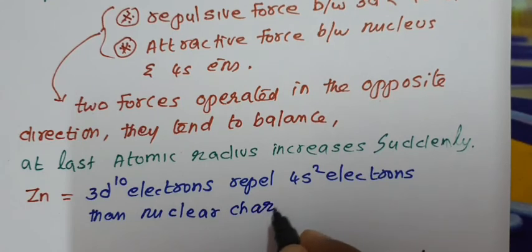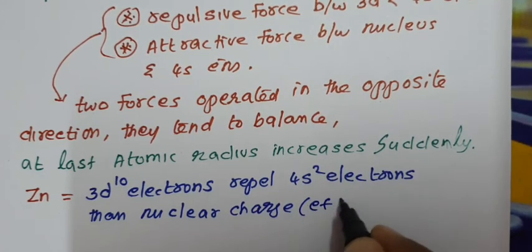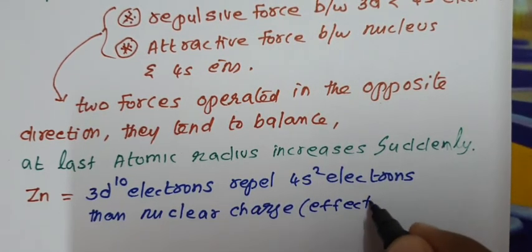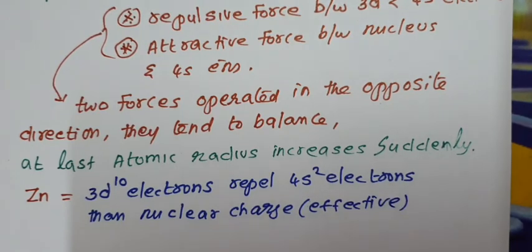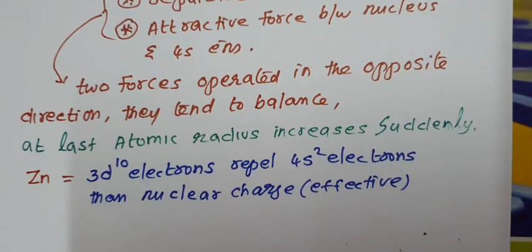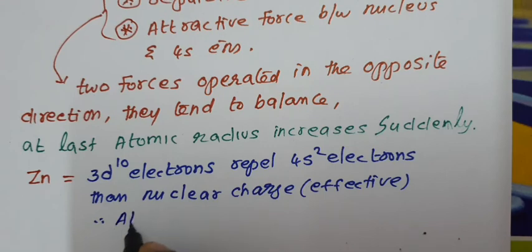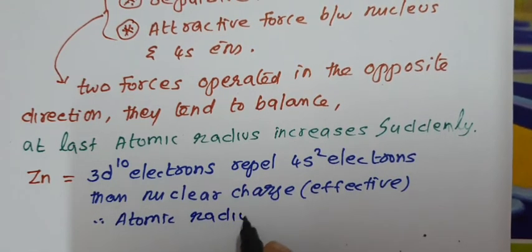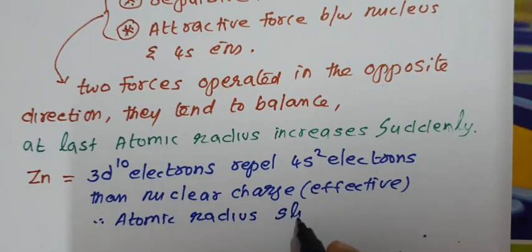What nuclear charge? The effective nuclear charge. The 3d electrons at last repel the 4s electrons more than the effective nuclear charge. Therefore, the atomic radius slightly increases at last.